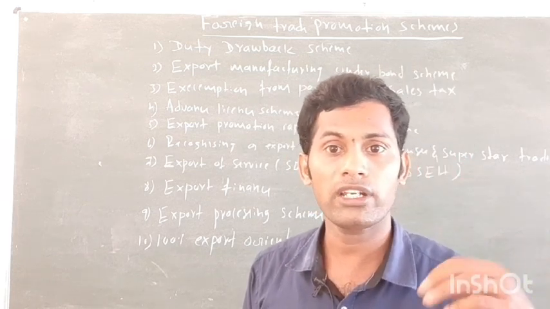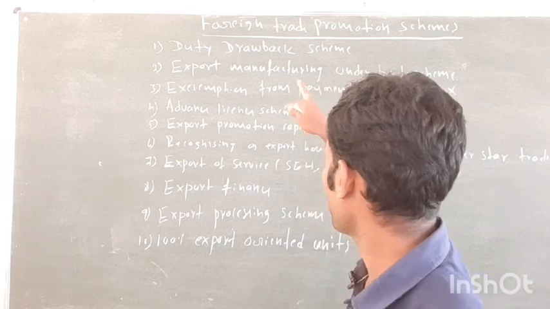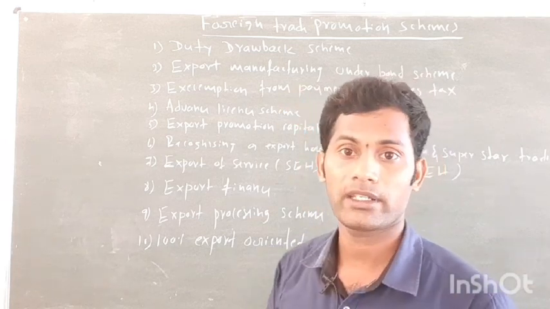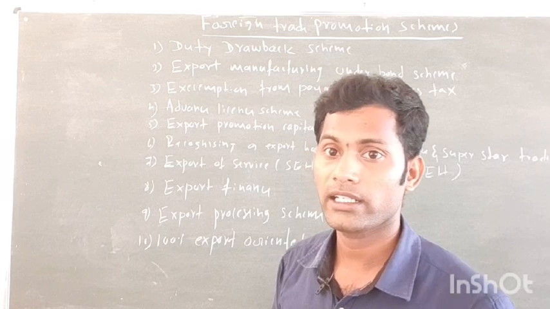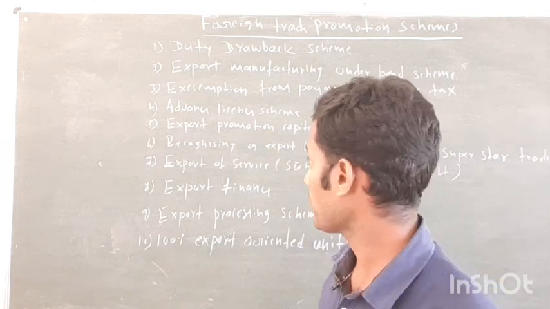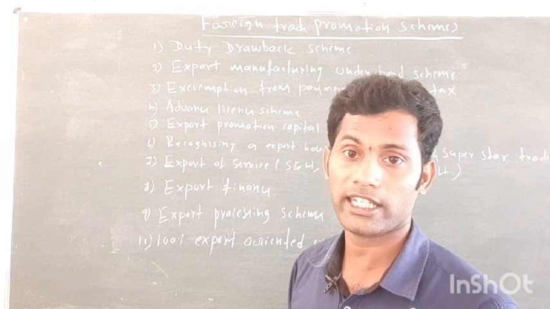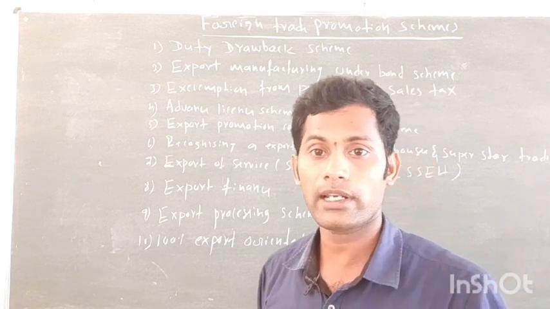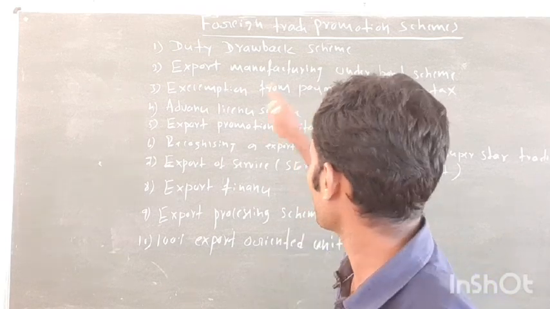That is what we call duty drawback scheme: just refunding of taxes and excess duty to the exporter. That is the first scheme to increase our export.